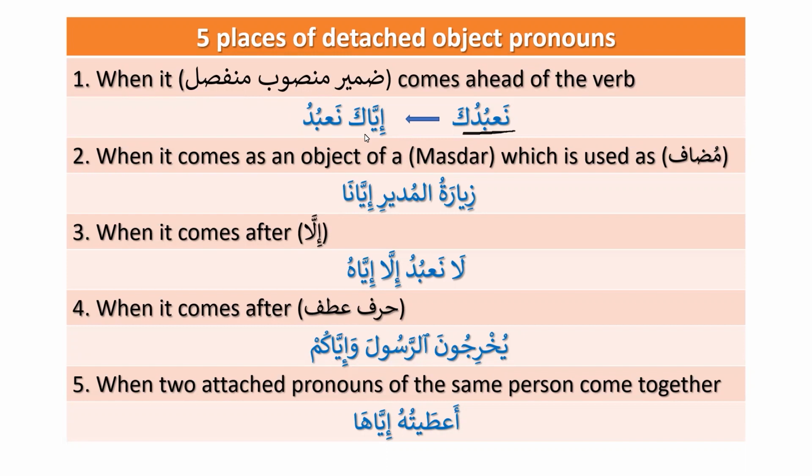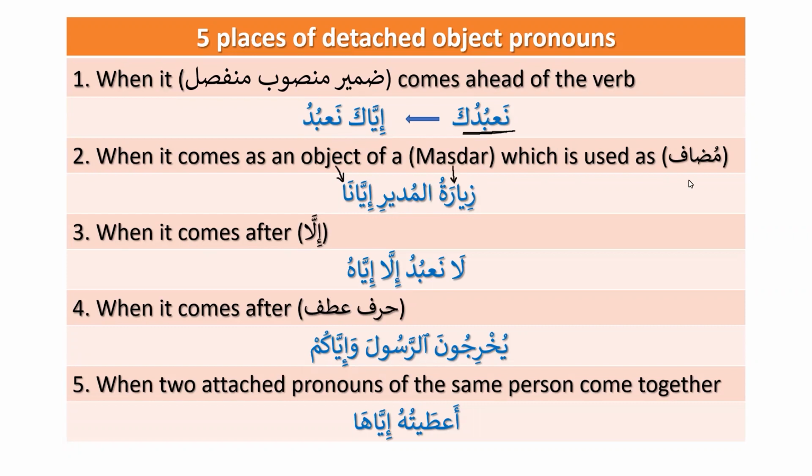So that's the first place where we can use this detached object pronoun, if we bring it ahead of the verb. Number two, when it comes as an object of a masdar. We can see that the masdar is over here, which is used as mudaf.